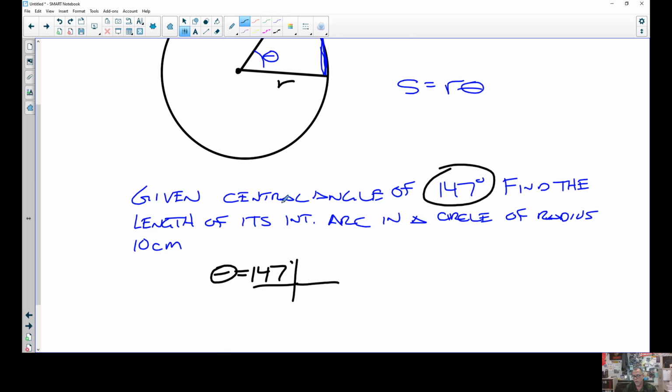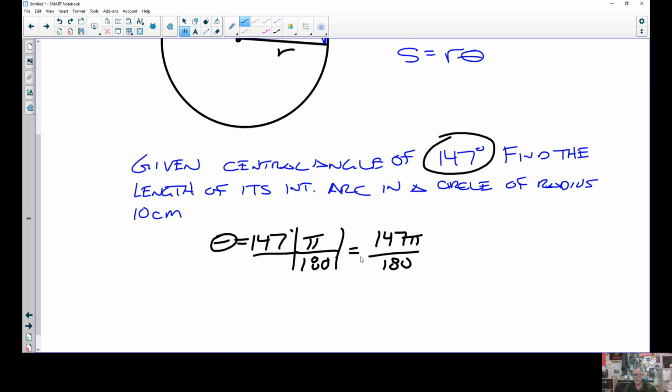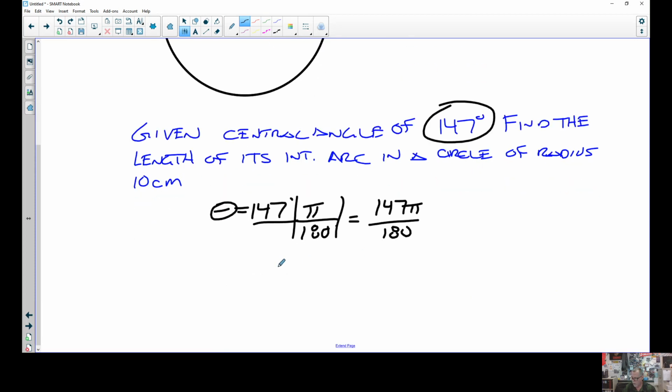So we use the previous skill. I'm going to say that I have 180 degrees down here and I have pi here. Honestly, what I would do is leave this as 147 pi over 180 and just call that our theta, because then I don't have to worry about reducing this anytime early.